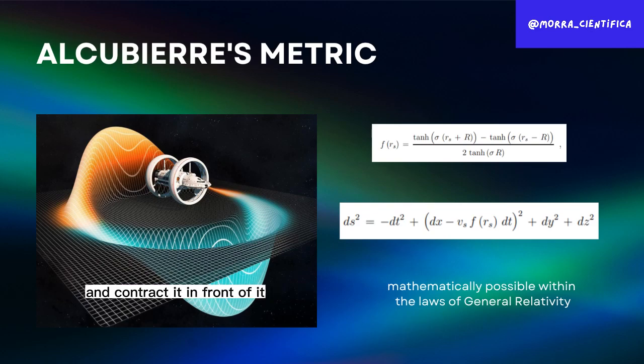So you can control the thickness and how long the bubble is. Basically, this is the mathematical form to make space travel at the speed of light without moving a spaceship, and without violating general relativity laws.